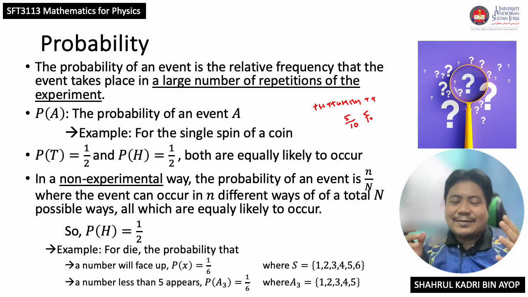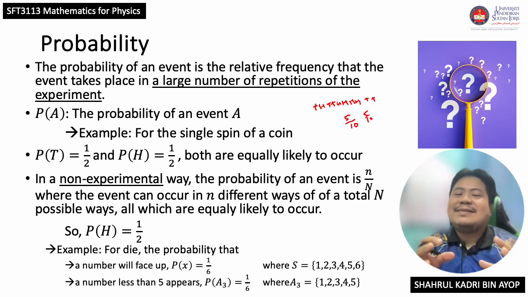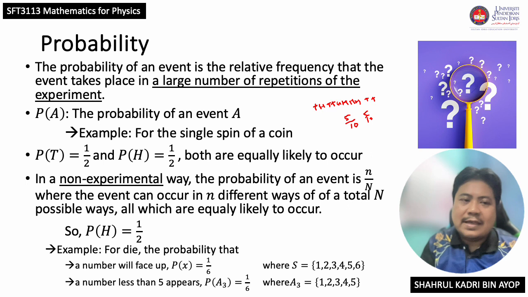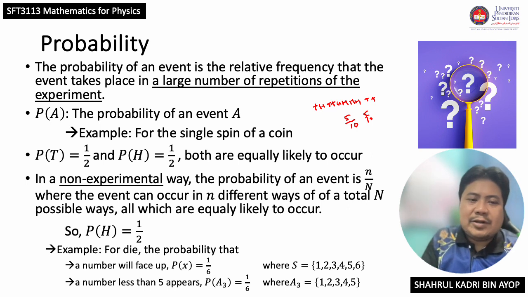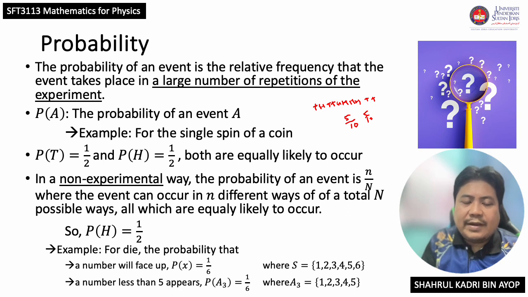So mathematically we can calculate and estimate the probability without doing the trial. That's why we need this knowledge of probability. In the non-experimental way, the probability of an event is n over capital N, where the event can occur in n different ways out of a total of N possible ways, all of which are equally likely to occur.